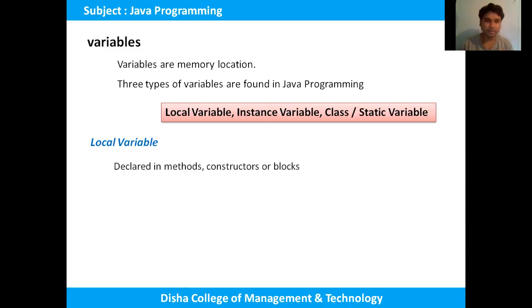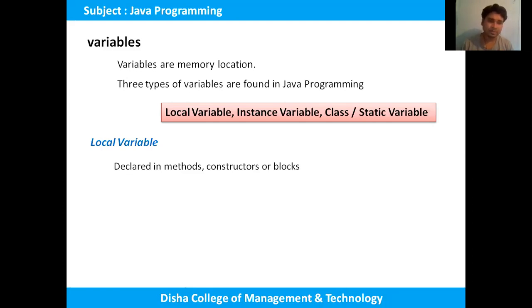One of the most important things is that we can declare a variable inside the class at any place, because it supports dynamic declaration. That means we can declare any variable at any place inside the class. If a variable is declared inside a method, constructor or any block of code, then it is called a local variable.